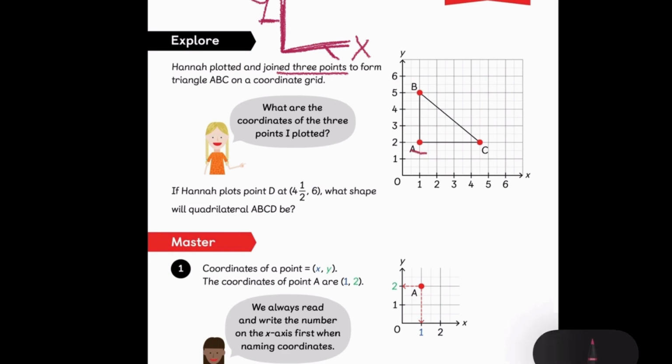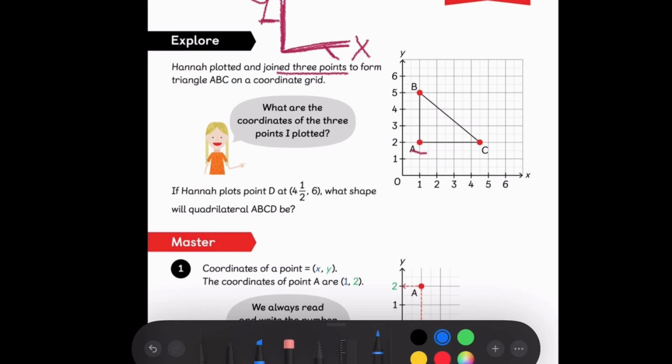That's why if you see point A, the coordinates are 1, and you see the y-axis, where is it joining? 2, right? Now, if you see B, again, I will continue. It is 1. We are learning to read it. And you see where it's ending on y-axis, that is 5.